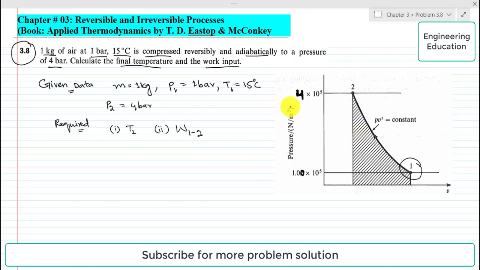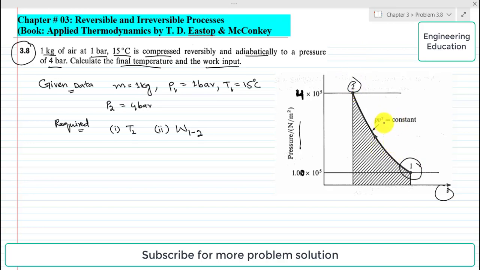The schematic or the properties diagram, or we can also say generally that the thermodynamic properties diagram, and specifically we can say that this is the pressure and specific volume diagram for reversible adiabatic thermodynamic process. This is state 1 and this is state 2.